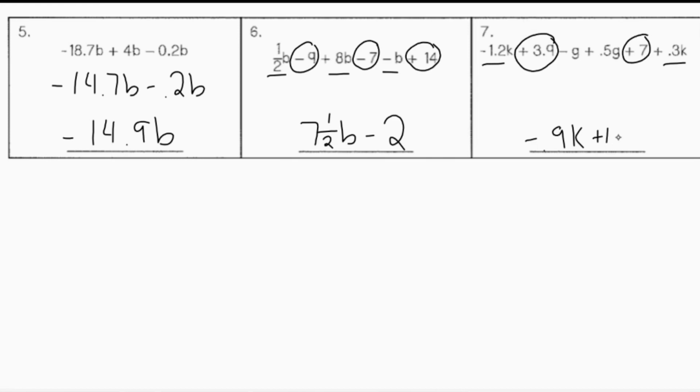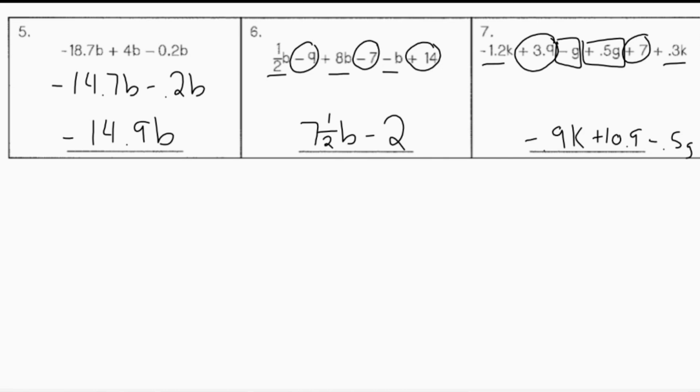So I'll add 10.9. And then negative g plus 0.5g, so negative 1 plus 0.5 would be negative 0.5g. So my simplified expression would be negative 0.9k plus 10.9 minus 0.5g.